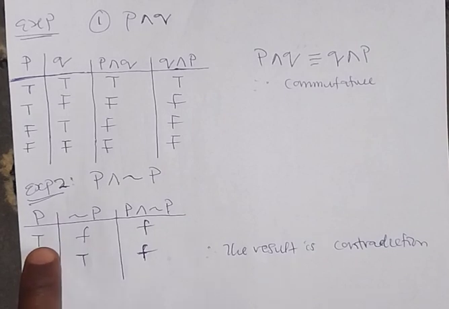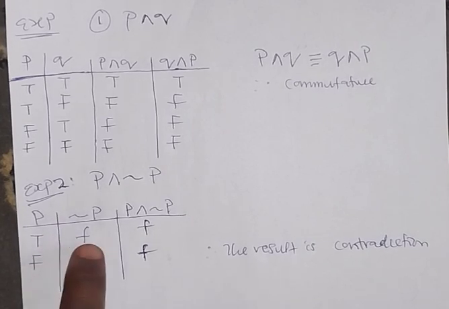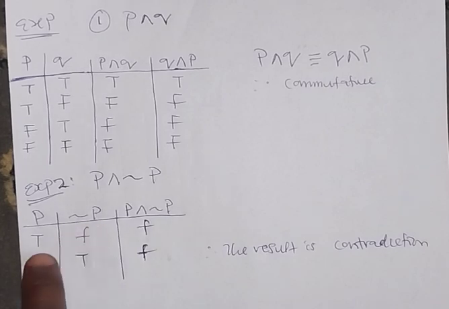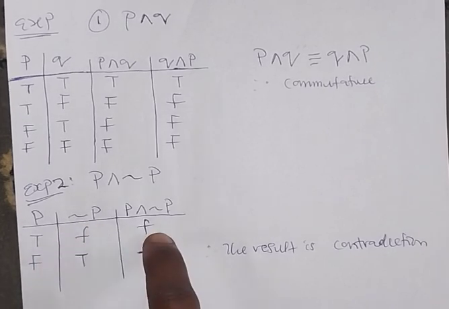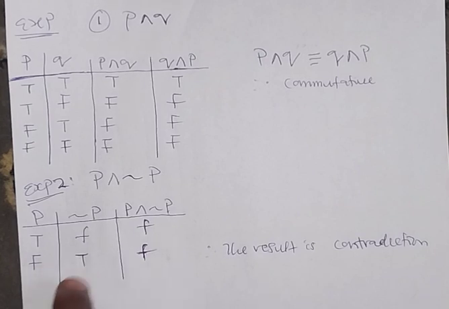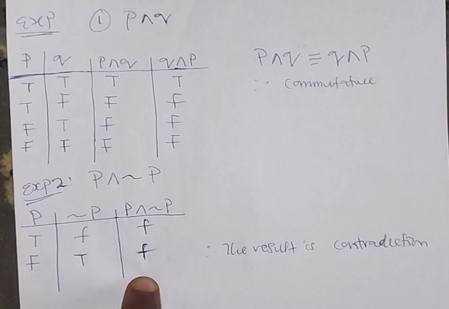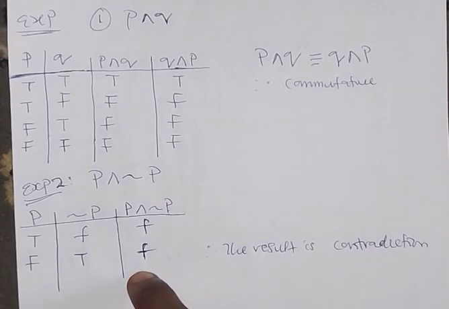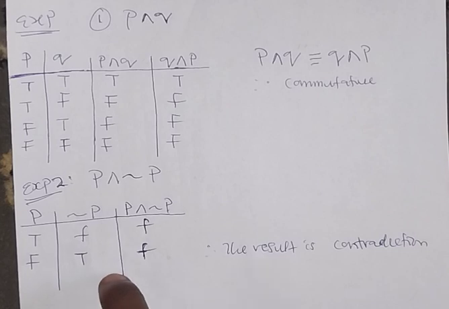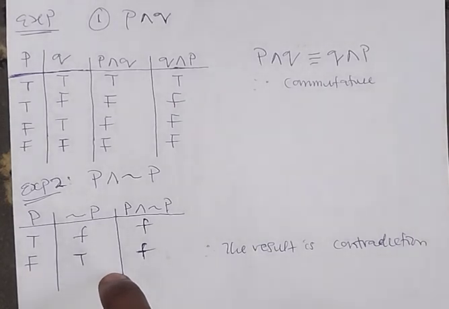What's the condition? If both statements, that is P and its negation, are true. Are they true? No. So that's why we're having false here. Are they true? P and its negation, are they true? No. So that's why we're having false here. Under truth tables, we have 3 results: contingency, contradiction, and tautology.